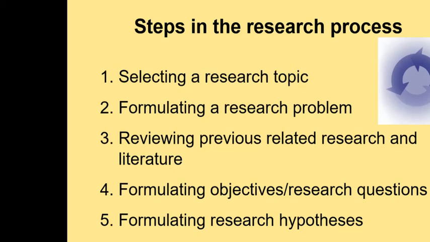Okay, the third step is I look at previous research, because it doesn't help that I try and reinvent the wheel. So I go look at previous research studies that have looked at the same or similar issues and see what they've done, to, number one, get an idea of how they did it, and number two, not to do the same thing over and over again. Then the fourth step is formulating objectives or research questions.